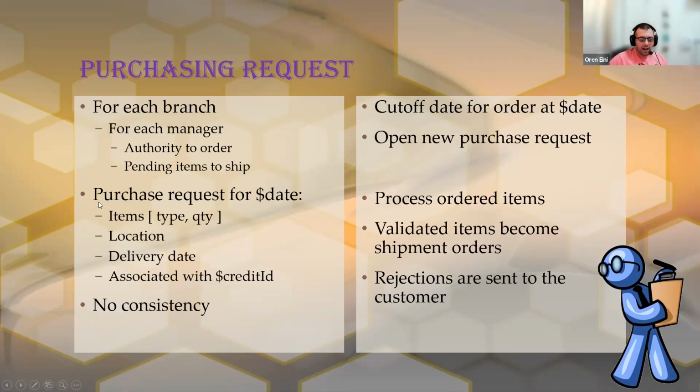And the structure looks something like this. We have a purchase request for a particular date, and this is for a particular person at a particular location. And they add as many items as they want, and there is no attempt whatsoever to be consistent between purchasing requests made by different people for the same location.